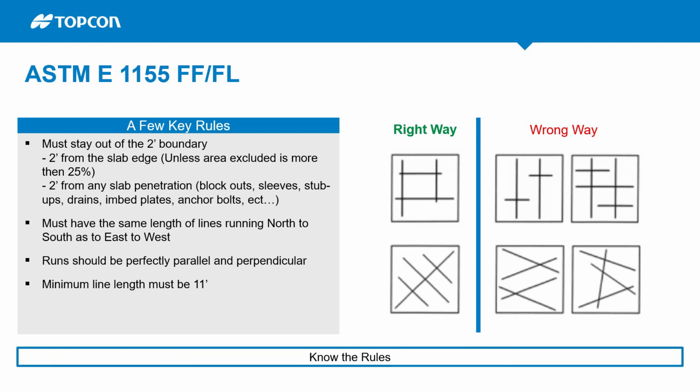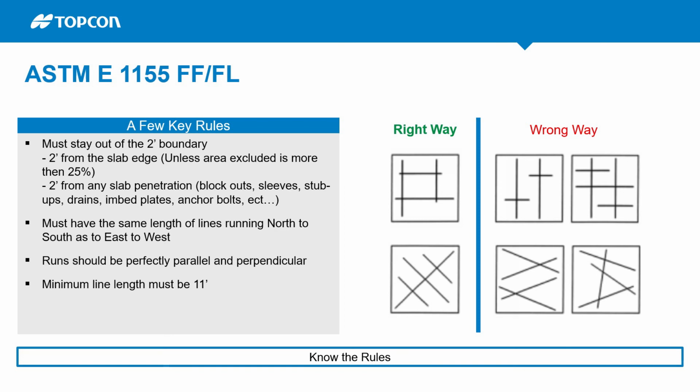They date back to like the 1980s to 1970s. The number one rule is you must stay out of what's called the 2-foot boundary. That's 2 feet from the slab edge, unless the area excluded is more than 25% of the slab. Then we have to go all the way up to the slab edge.